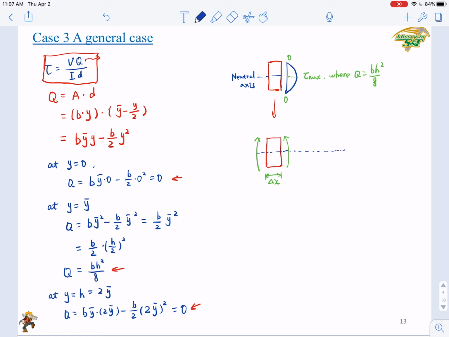So if this is the case, what is the distribution? Let's draw the distribution of bending stress and the distribution of the shear stress. Okay, so what is the distribution of the bending stress?